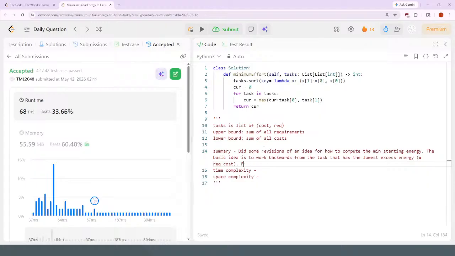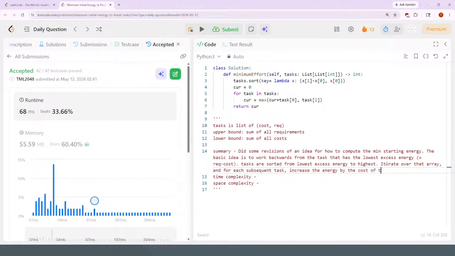From there, if the tasks are sorted from lowest excess energy to highest, iterate over that array, and for each subsequent task, increase the energy by the cost of the next task.